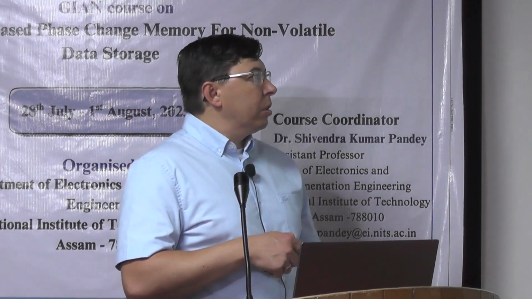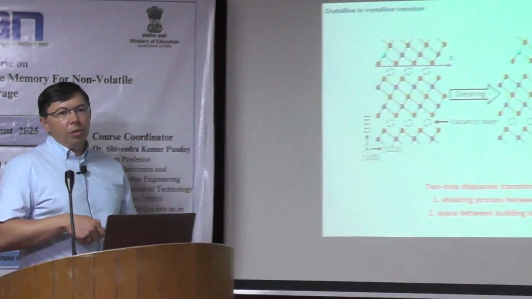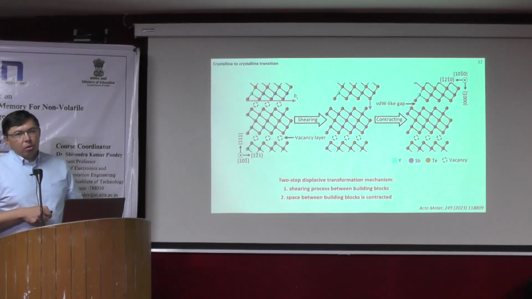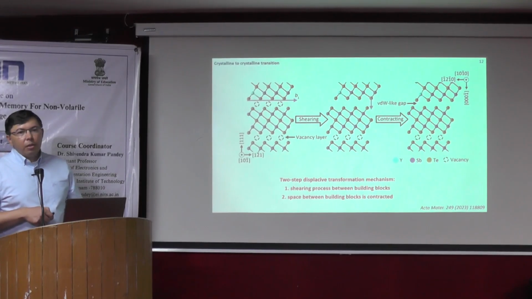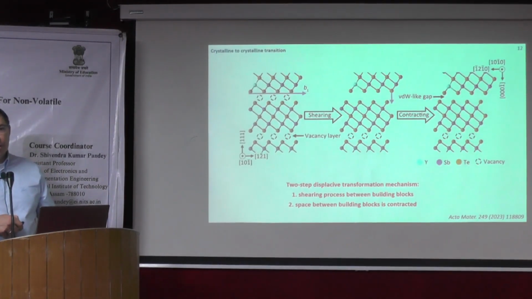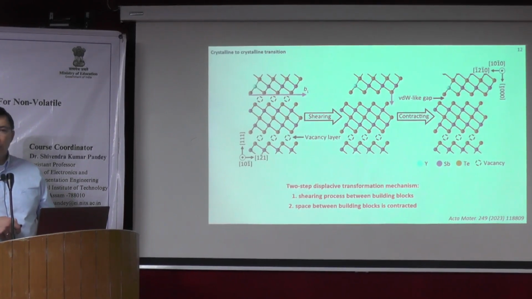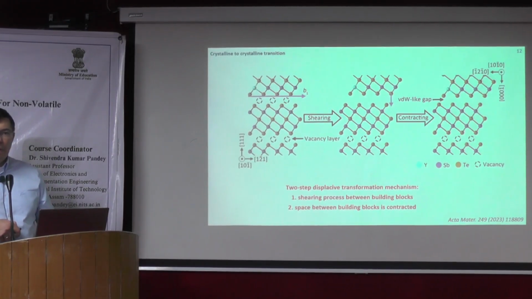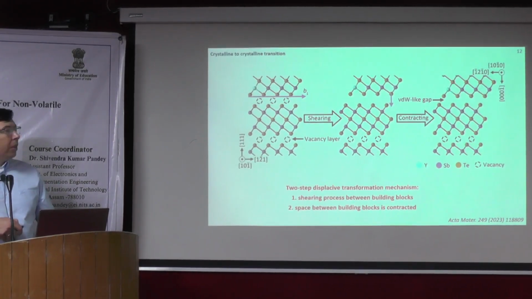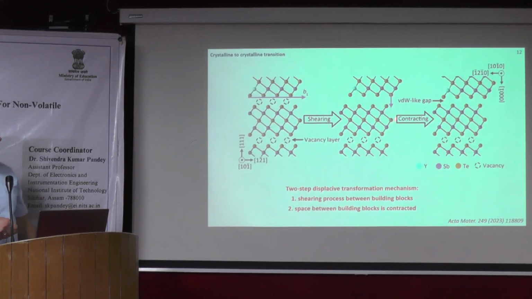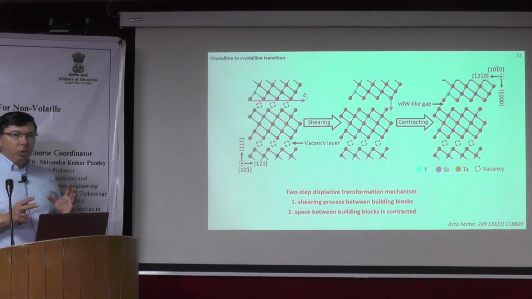Yeah, okay. This is just a mechanism of how this transformation occurs. So it doesn't affect if we reduce the bond length by shearing and contracting. The bond length will decrease or increase if we do shearing, but this model considers the movement of these building units.